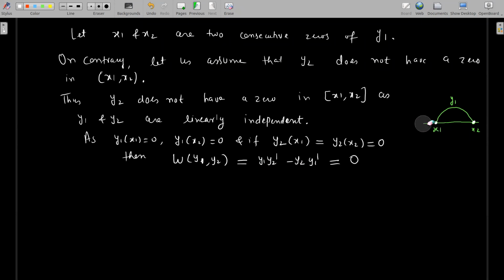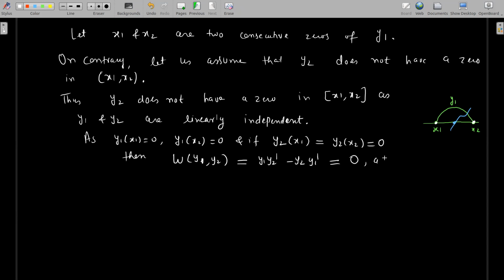Okay, so due to linear independence y2 cannot vanish at x1 and at x2, and we have assumed that हमने prove क्या करना है कि जो y2 है that will vanish here somewhere in between, but I have assumed that Wronskian is not vanishing in between.